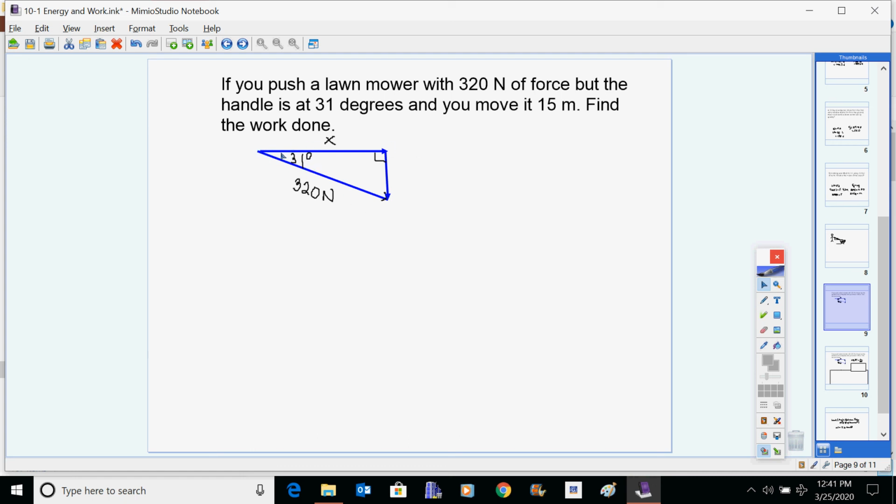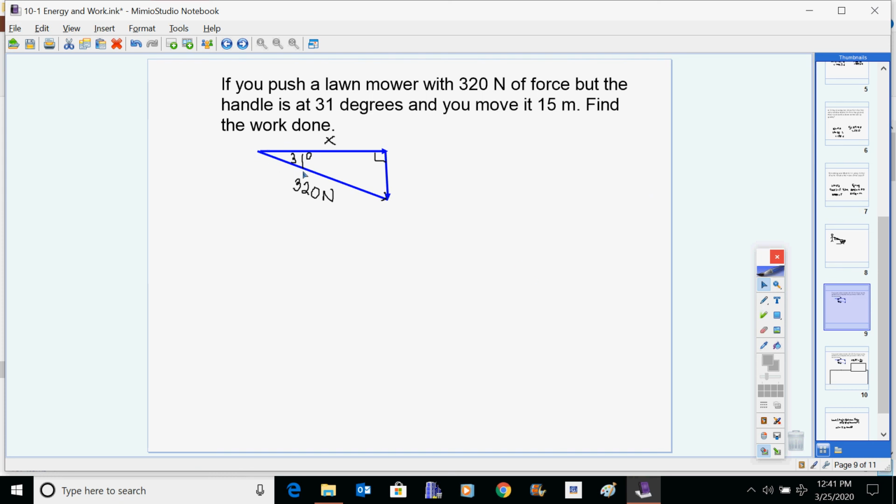The handle on the lawnmower is at a 31-degree angle. And you want to move this lawnmower across 15 meters. And we want to find out how much work is done in that scenario, for that, how much work in this direction.